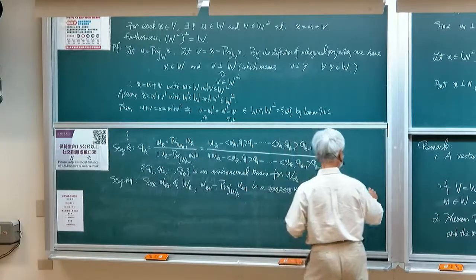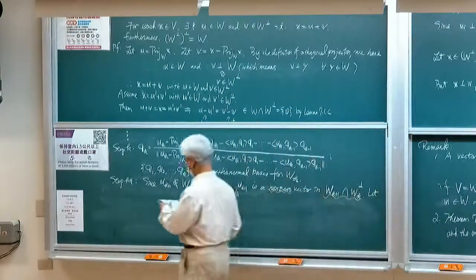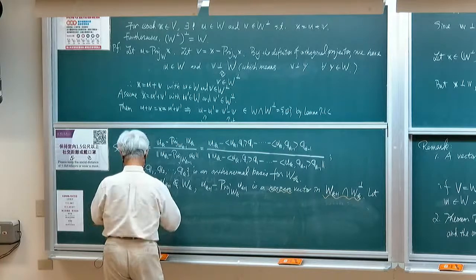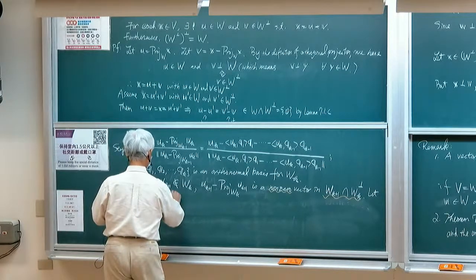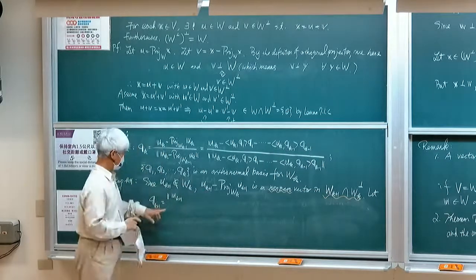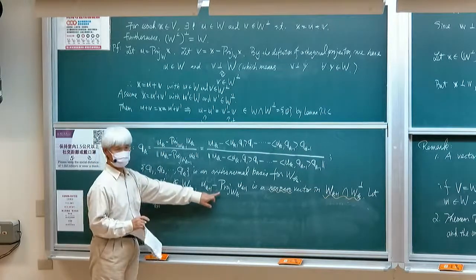And because it's non-zero, we normalize it. We let Q sub K plus 1 be the normalized version of this vector.